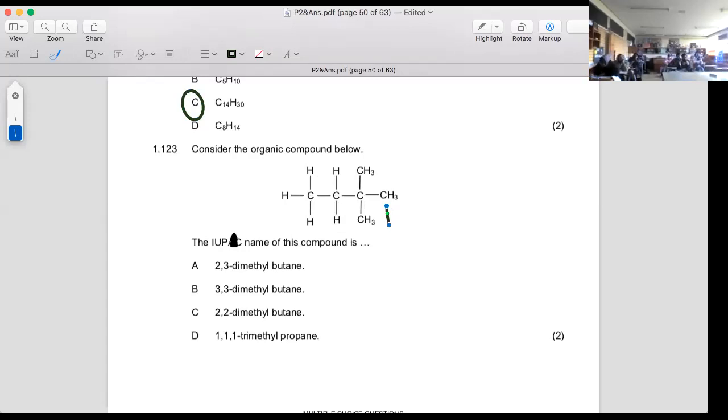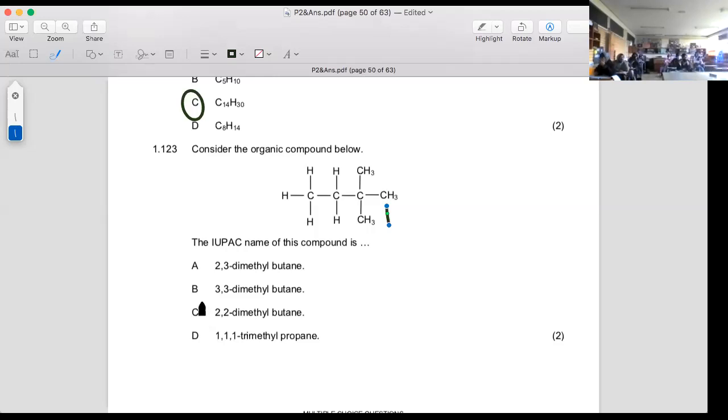So who says the answer is A? Who says the answer is B? Who says the answer is C? C? Who says the answer is D?